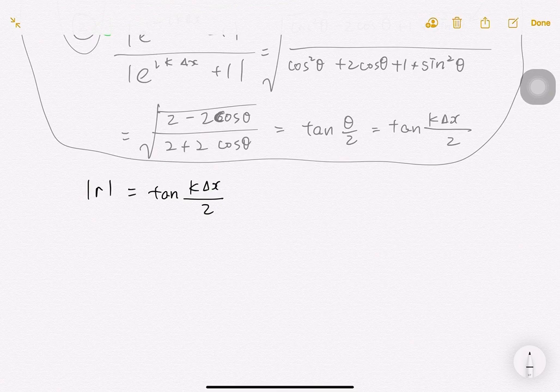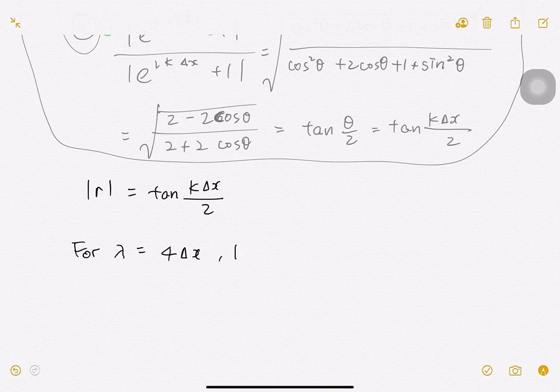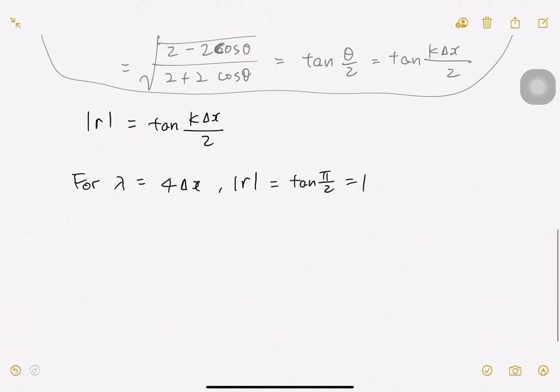It means that the magnitude of reflection depends on the size of your waves and on the choice of delta x that you choose. For lambda equals 4 delta x, the magnitude of the reflection is 1, which is something we don't want. We want to make this as small as possible.